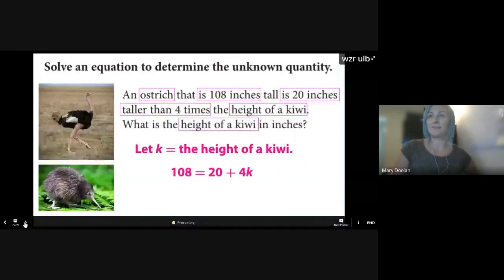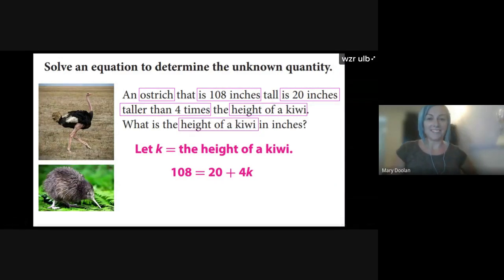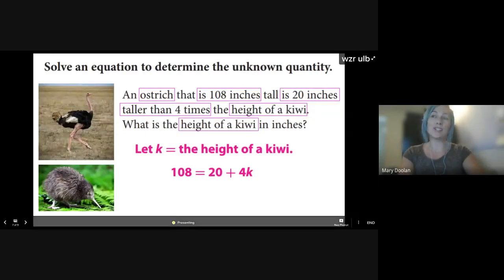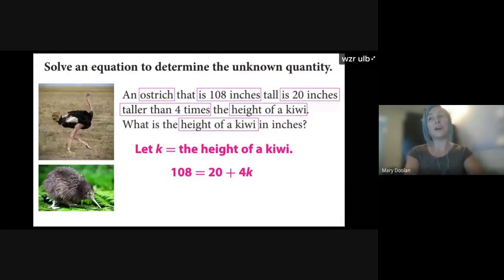Slide 7. All right, here's a word problem. Guys, look, word problems. This is about an ostrich and a kiwi. And we have a picture of an ostrich and a picture of a kiwi. So an ostrich is 108 inches tall, and that is 20 inches taller than 4 times the height of a kiwi.